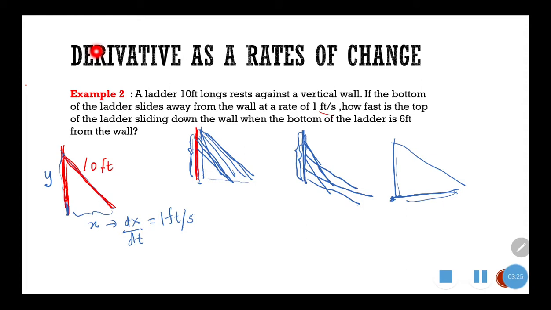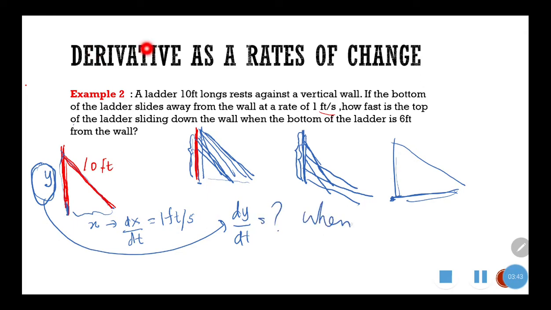So the question asks, how fast is the top of the ladder sliding down the wall when the bottom of the ladder is 6 feet from the wall? So maknanya the question asks us, what is dy dt equals to what when x is equals to 6 feet?